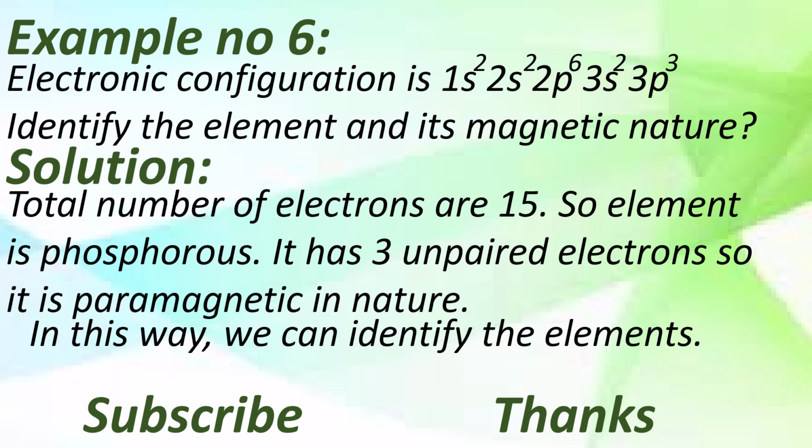The shape of orbitals may be spherical for s orbital, dumbbell for p orbital, clover leaf shape in d orbital, and complex for f orbital. So in this way we can identify the elements by their electronic configuration.